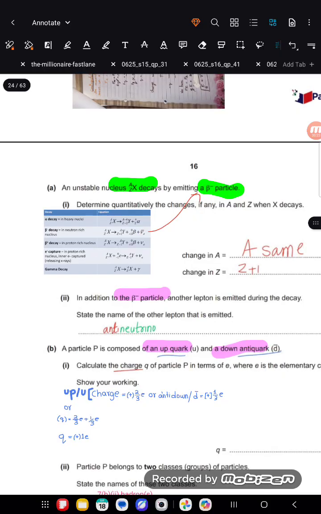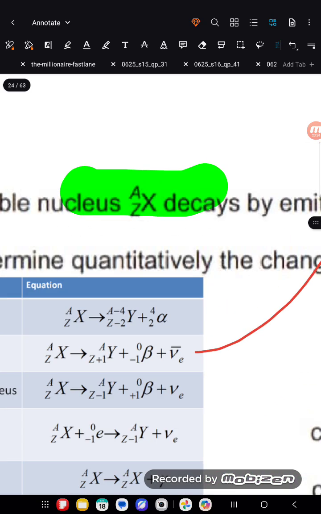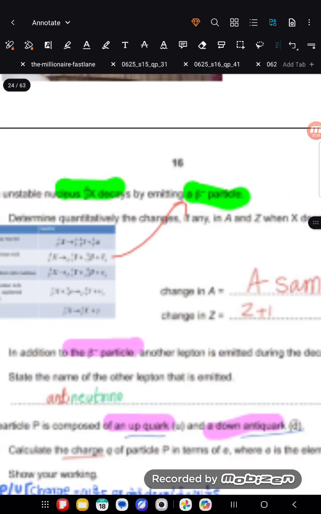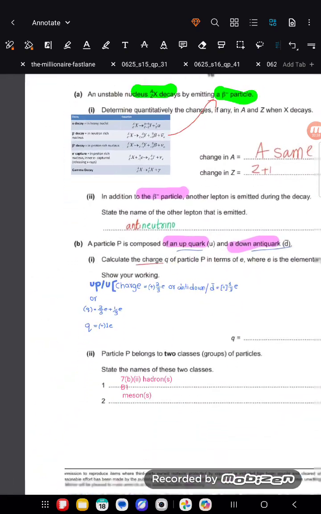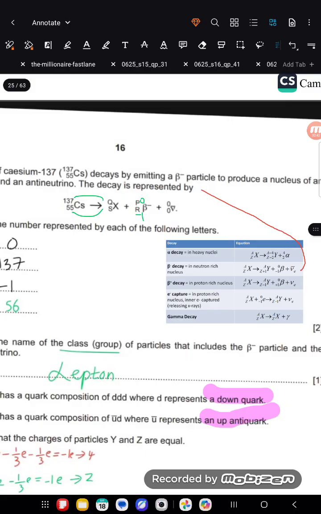So here they are just saying beta minus decay. Okay, you know beta minus decay, A will not change, but the down number will be Z plus 1. Again this one is beta minus decay.